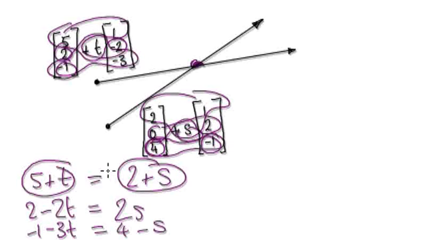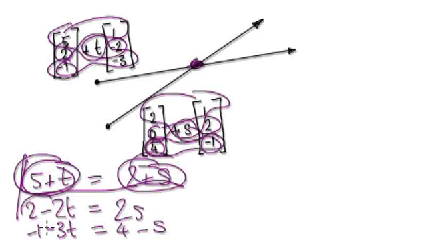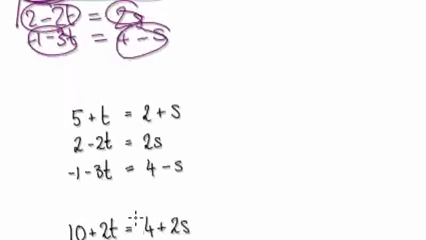So now our job is to find, at this point here, this must equal this. This must equal this. This must equal this. So that will then take us to here.